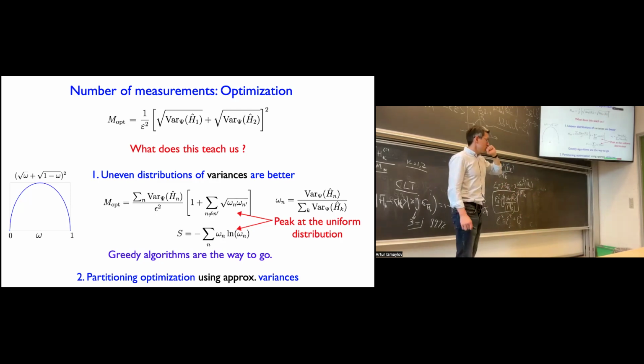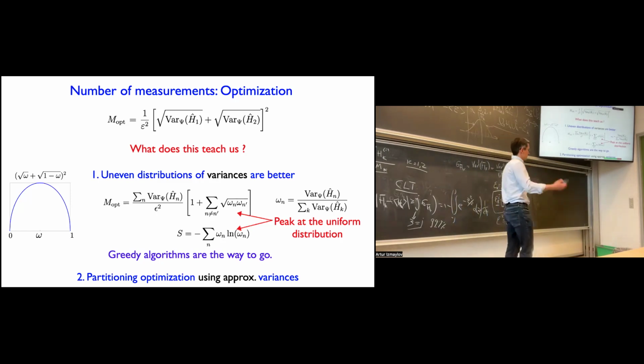But of course, this is just a rationalization of what we saw empirically, that the greedy algorithms work better than the cases where we try to, let's say, reduce the number of fragments. In that reduction of the number of fragments, very frequently we got fragments of the same size. But we could do better if we know this.